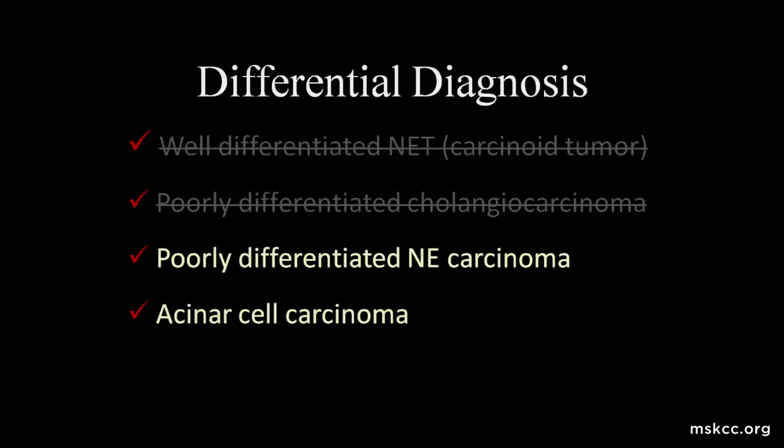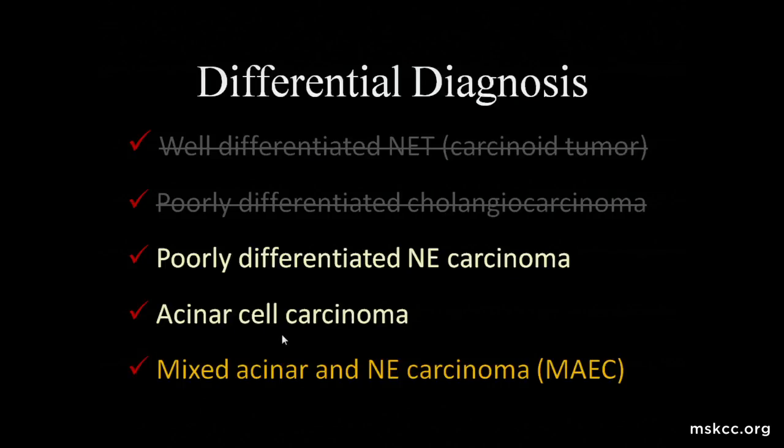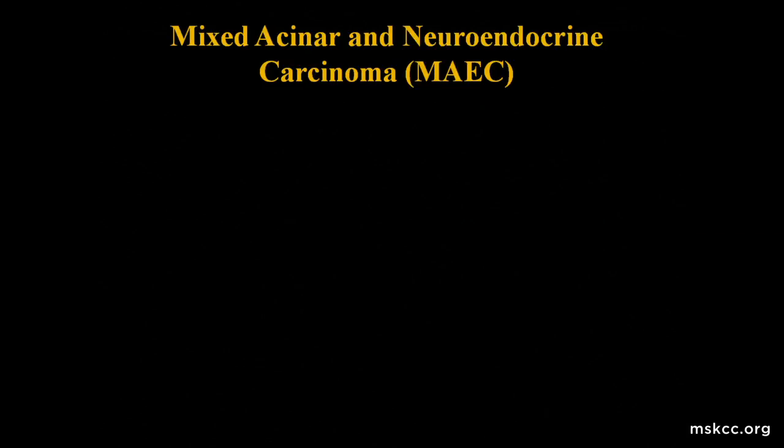So with these new findings, we narrowed down to neuroendocrine and acinar. The best description would be a mixed acinar and neuroendocrine carcinoma, or MEC. Regarding this entity, if you are a Memorial alumnus, you should know who described this first.